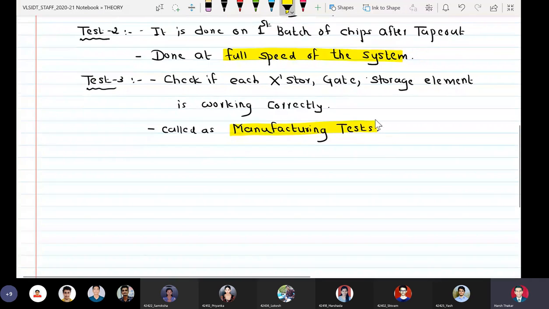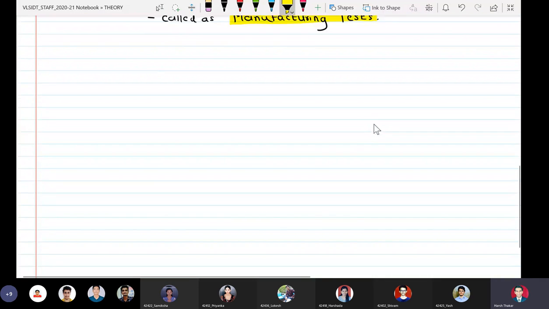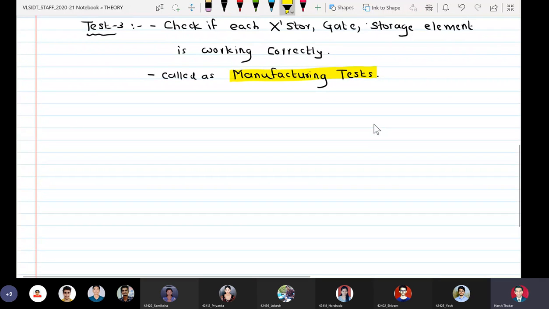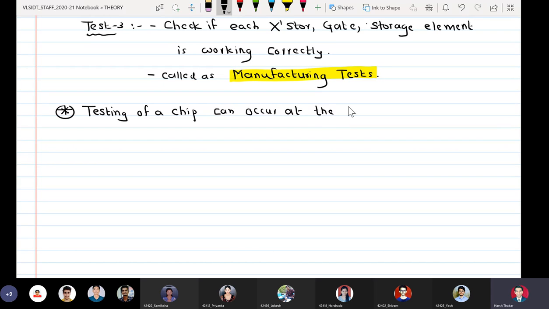Okay, so testing of a chip can occur at the following 5 levels.